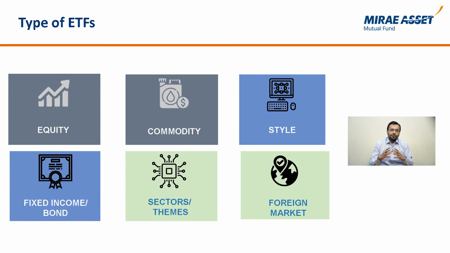One logical question that will come to your mind is what type of asset classes can be invested in through an ETF. The beauty of ETF is you can create an ETF product on various asset classes: on equities, on fixed income, on commodities like gold, or even international equities.